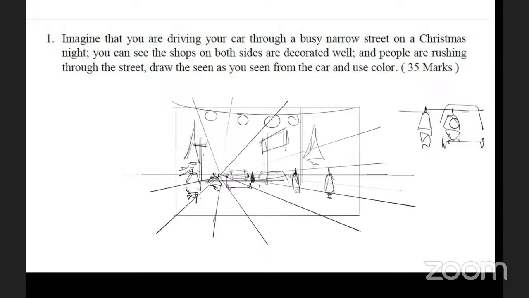I'm simply using a grid of the 1-point perspective system, and I'm trying to draw this concept. And obviously people are rushing through, not carelessly, but out of curiosity and excitement looking at the shops, they're crossing the roads. So this is the scenario that we are trying to create.